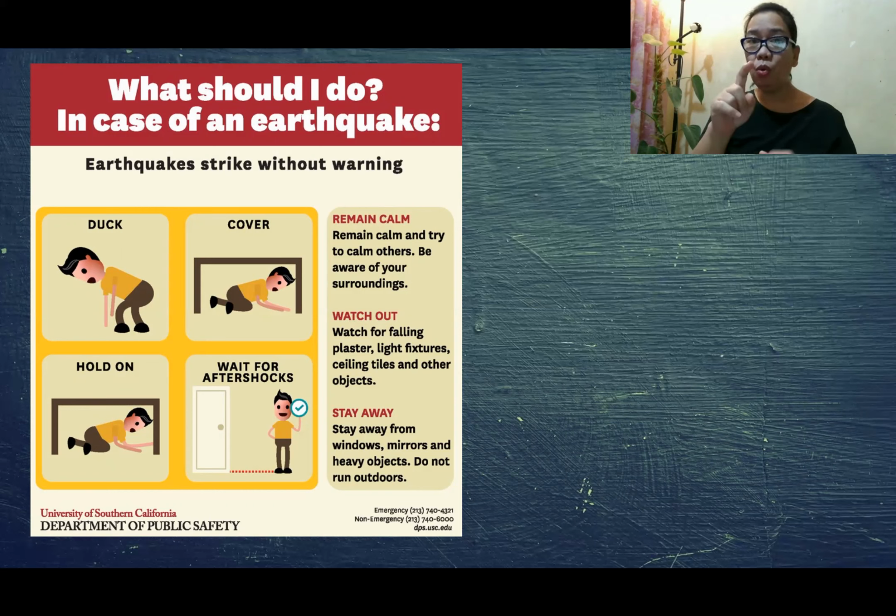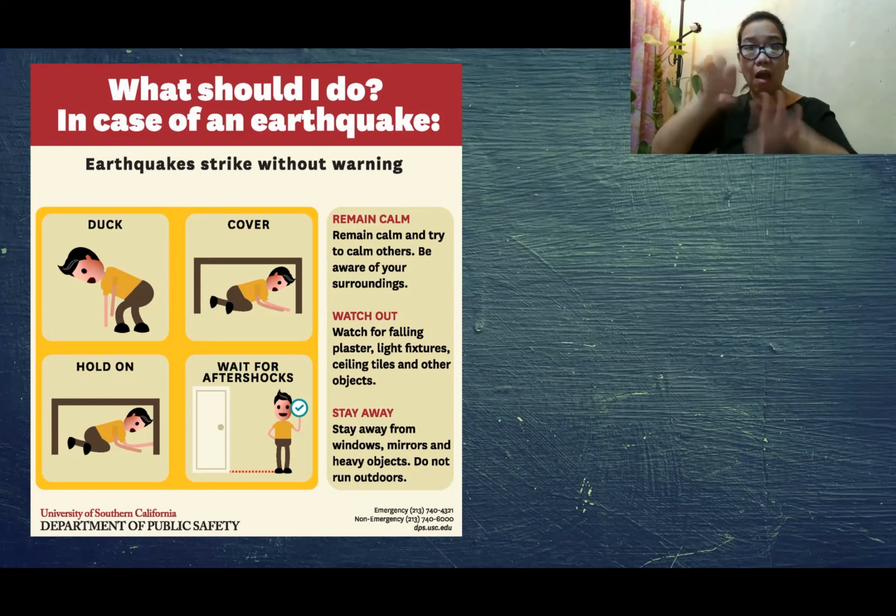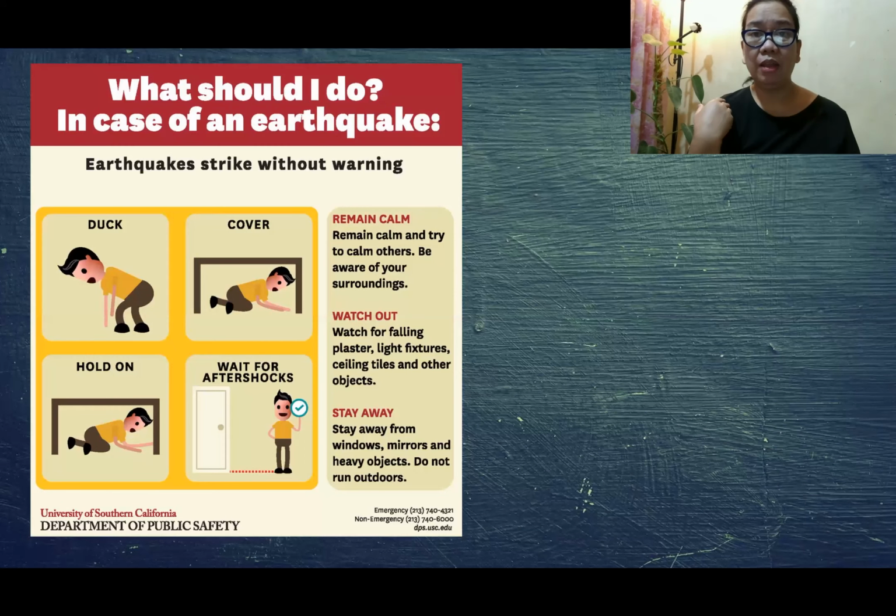And you have to stay away from windows and mirrors. Why? Because if mirrors crack, they might hurt you. So do not run outdoors yet, not yet. You must wait for the tremors or the earthquake to stop.